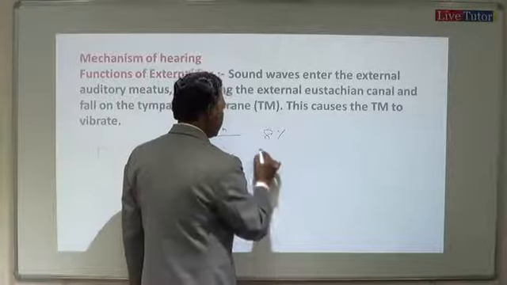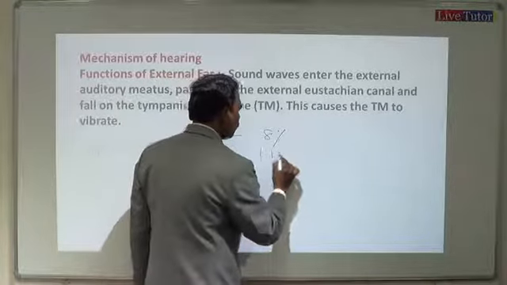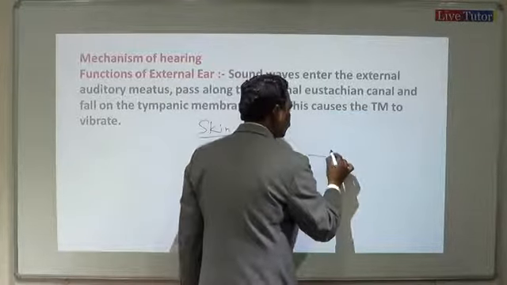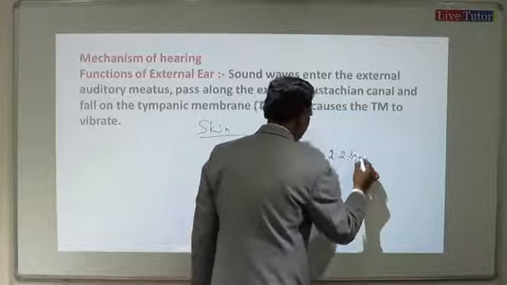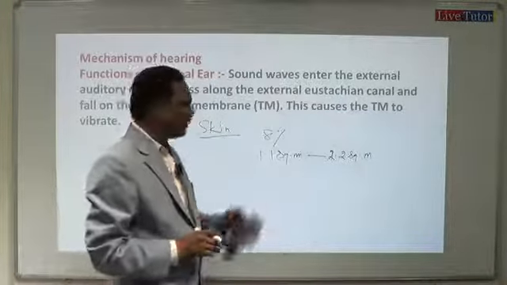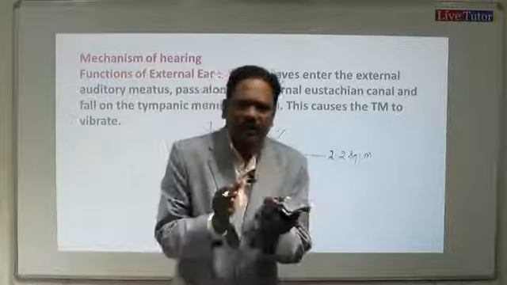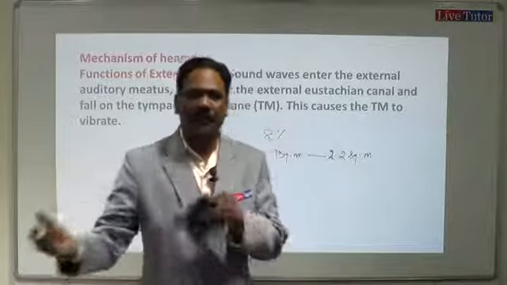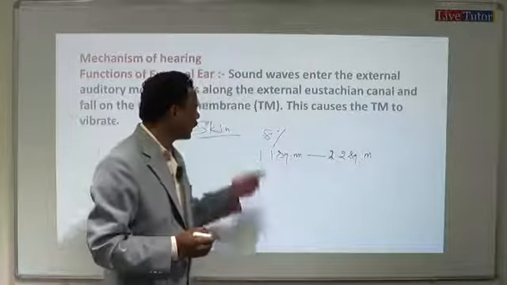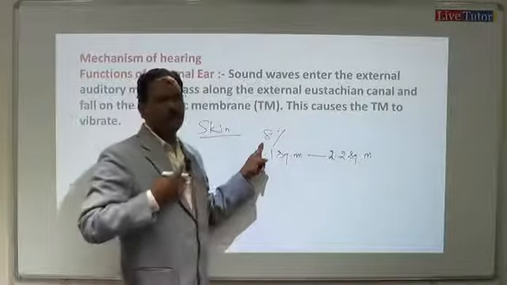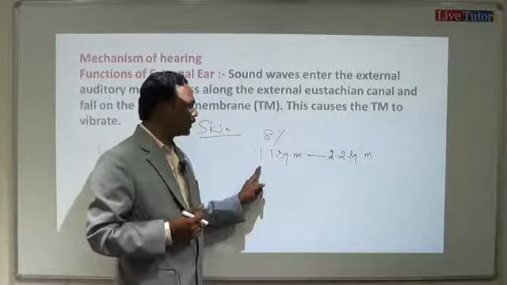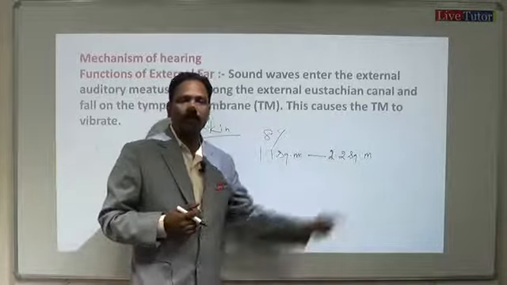The total surface area is 1.1 square meter to 2.2 square meter. Skin is the interface between the atmosphere and the internal tissues and organs. So tell me, how much is the weight of the skin in the total weight of our body? About 8%. How much is the total surface area of the skin?